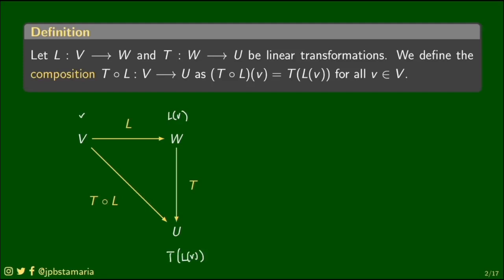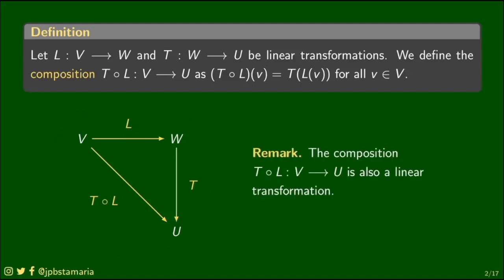The function that takes v directly to T of L of v is what we call the composition, T circle L. That T circle L is a map from V to U, defined as the one that takes v to T of L of v. In other words, the composition T circle L summarizes the actions of these two linear transformations, L and T.